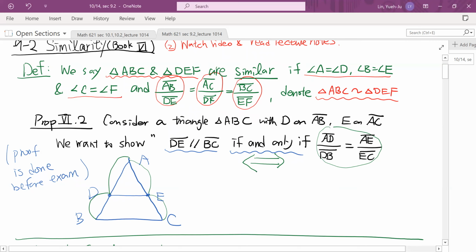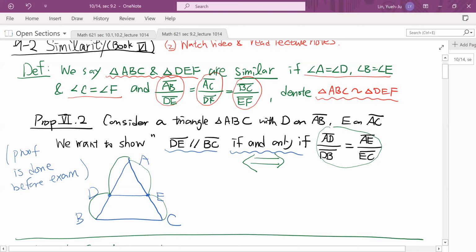If you have DE parallel to BC, then this implies the sides are in proportion like this, and vice versa, if you have the sides in proportion like this, then it implies DE is parallel to BC. I remember last time I did the proof for one of the directions and left the other as an exercise for you to read.